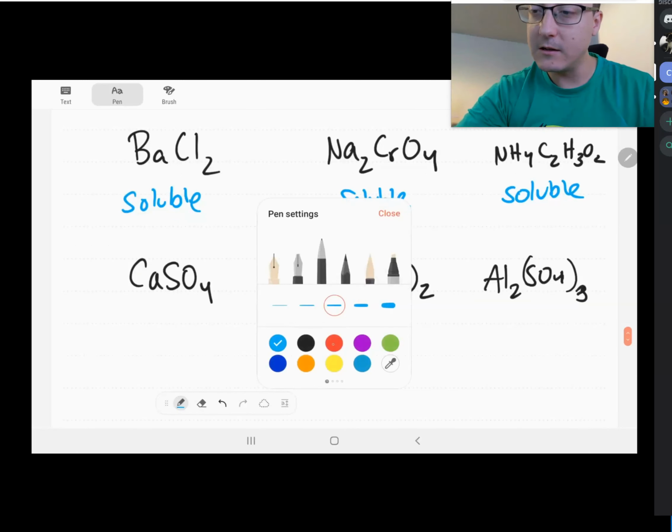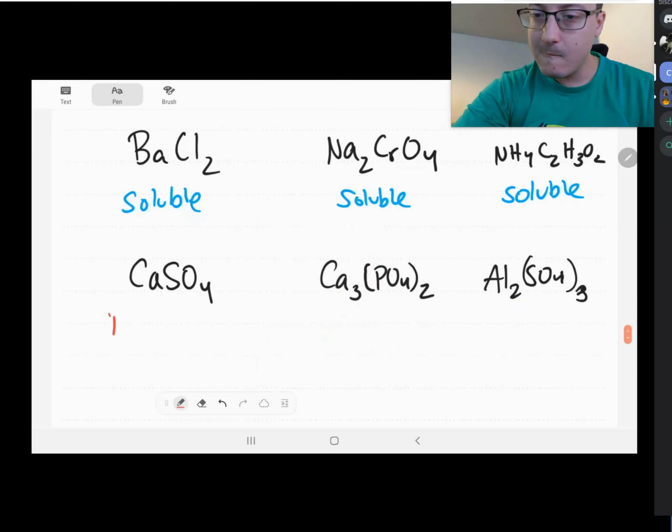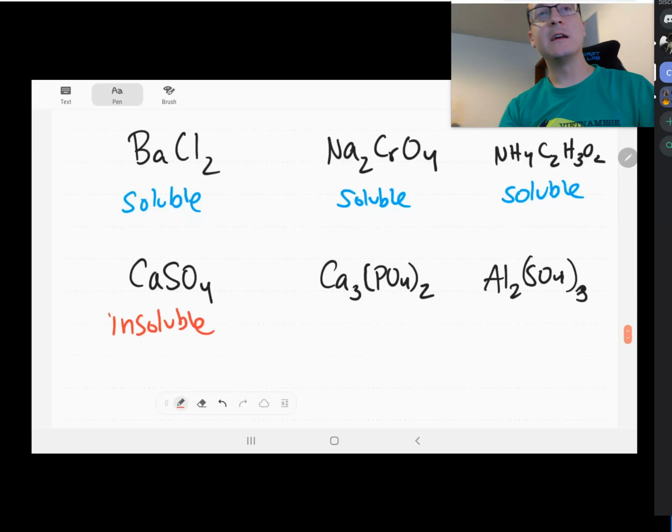Alright, calcium sulfate. No, indeed. Remember, calcium makes sulfate insoluble. Okay, how about calcium phosphate? Perhaps the trickiest of the lot.